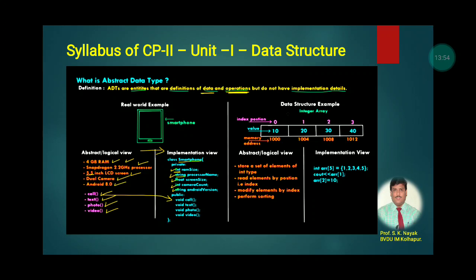Now on the right hand side is the implementation view. On the left side you can see the abstract or logical view, and on the right side you will see int array of 5. That means we are giving a size to the array, so that 1, 2, 3, 4, 5 elements can be stored. And we have code using cout, that is in C++, and in C language we can use the printf and scanf functions.